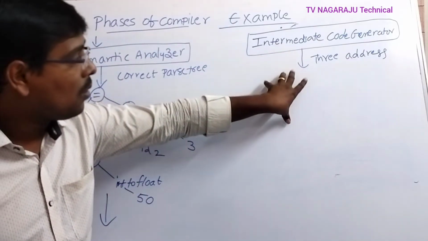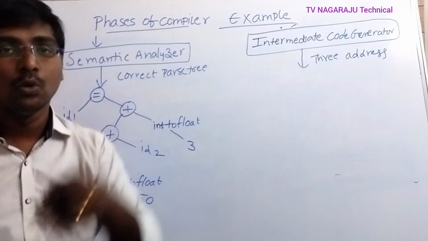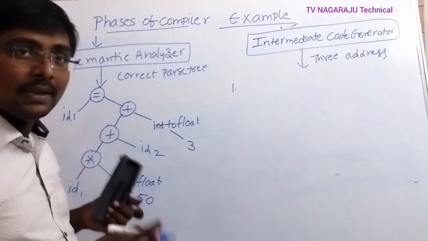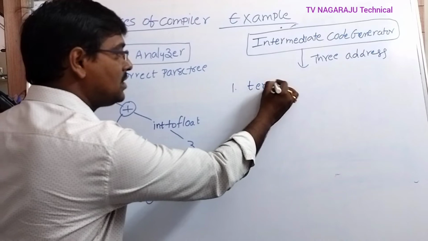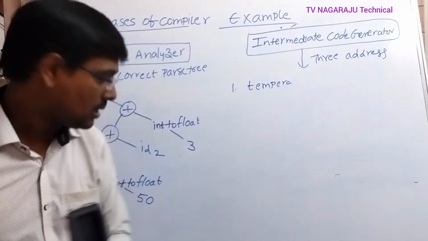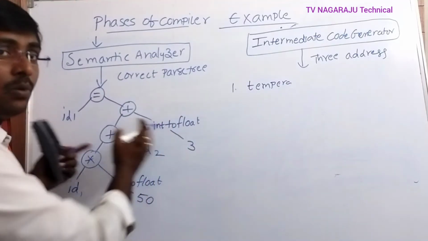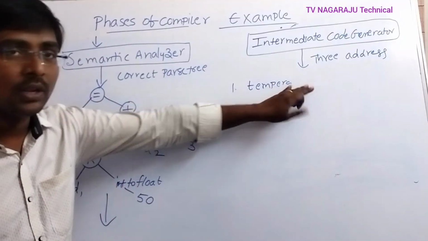If you want to generate the intermediate code in 3 address format, you have to remember some rules. One simple rule is that the compiler automatically generates temporary variables to store the result. So here we have some set of variables. Along with these variables, the compiler can create temporary variables for storing the result.